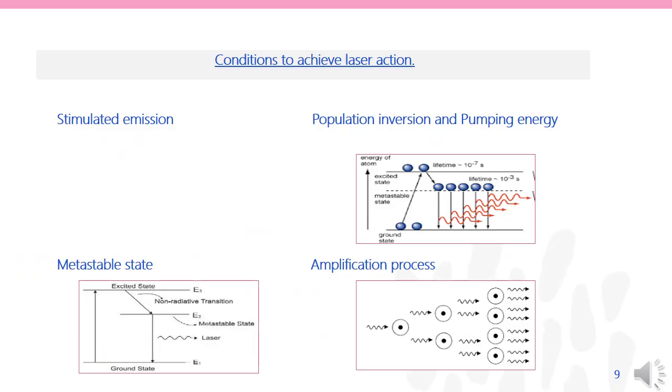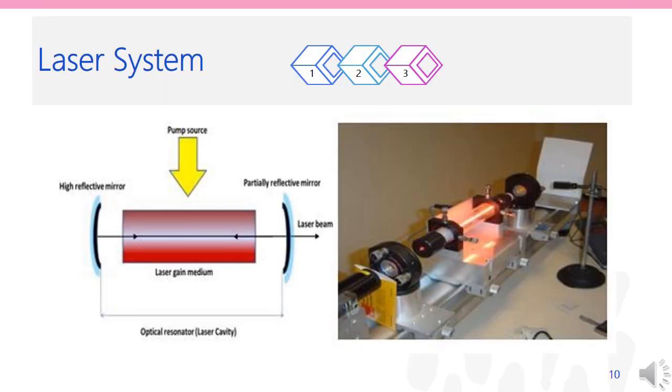The conditions required to achieve laser action are stimulated emission, population inversion and pumping energy, a metastable state, and finally an amplification process. A laser system consists of three main components: gain medium, pumping, and optical resonator.